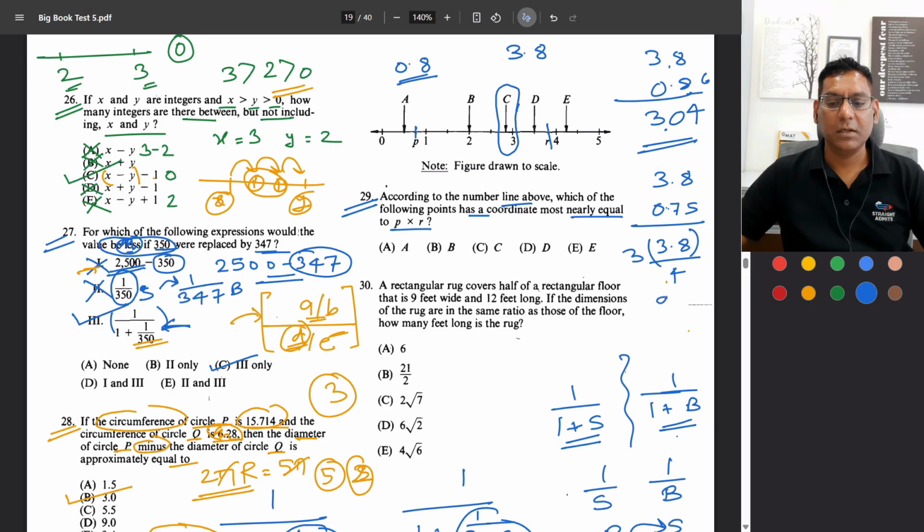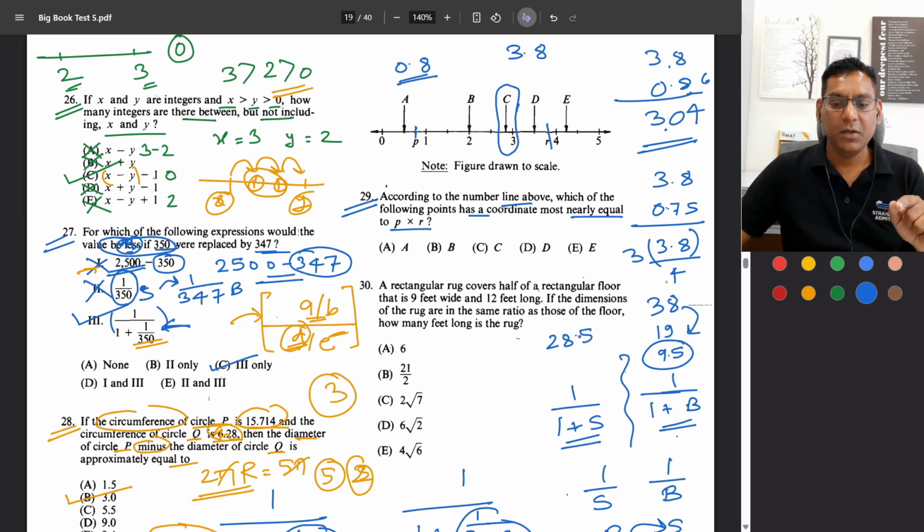Okay, let me not worry about the decimal. Let me just do 75% of 38. So 38, 50% of that is going to be 19. 25% of that is going to be 9.5. So 75% is going to be 38 minus 9.5, which is going to be 28.5. Correct?